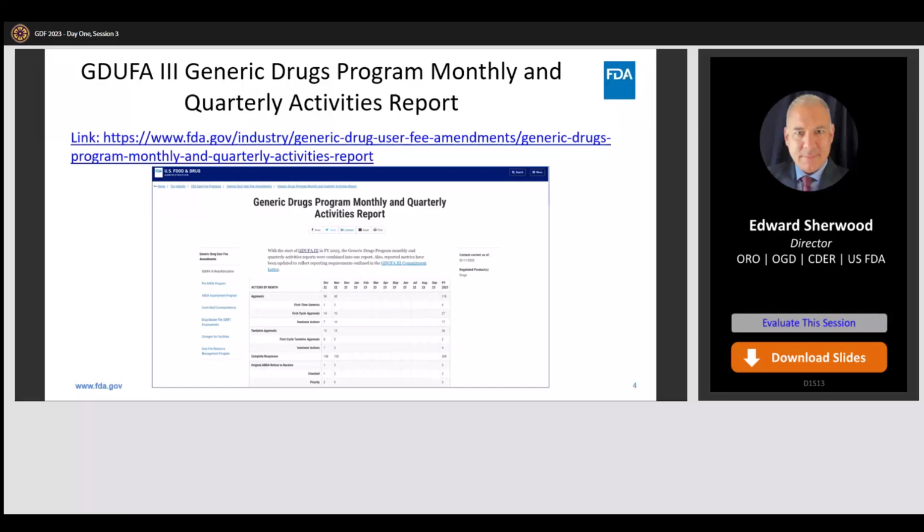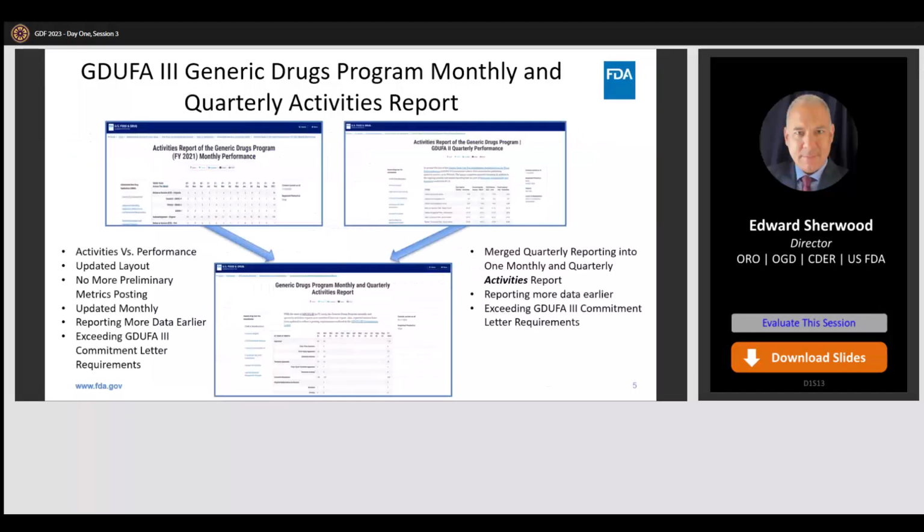So let's go into more detail on the layout of this report. But first, let's see the derivation of this report. For GDUFA II, we had one report for the required monthly reporting activities and another separate report for the quarterly reporting requirements.